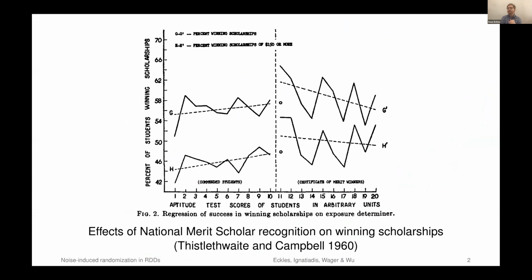On the right side of that discontinuity, these are the people who qualified to be winners, whereas on the left side of that vertical line, these are the people who did not qualify. And then the outcome here is the percent of students who go on to win scholarships, right? So the idea was that by looking at a discontinuity right around this threshold where people qualify or do not qualify to be this national merit winner, we could examine the causal effect of getting this endorsement, this national merit scholarship.